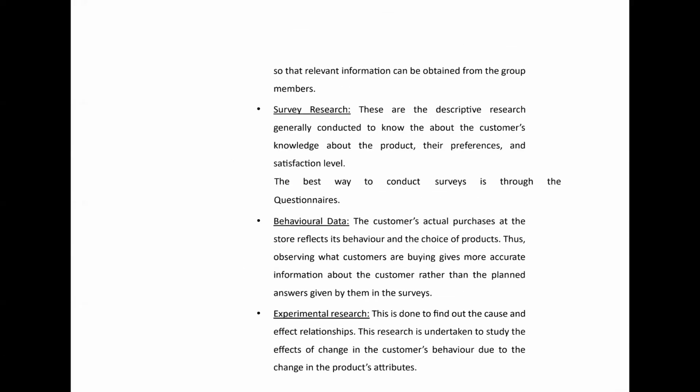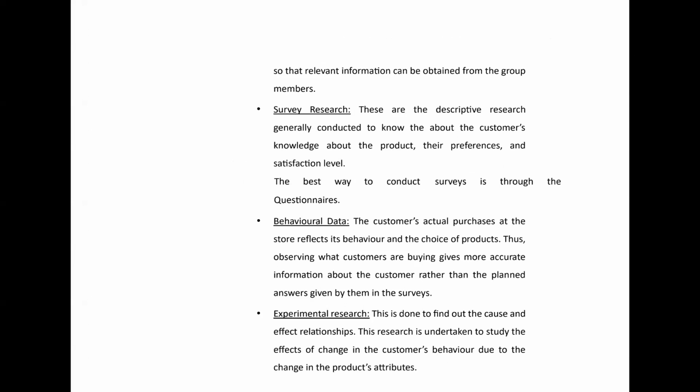The other type of research that you can conduct to get the primary data is the survey research. Now, with the survey research, this is where descriptive research is generally conducted to know about the customer's knowledge about the product, their preferences and their satisfaction levels, right?